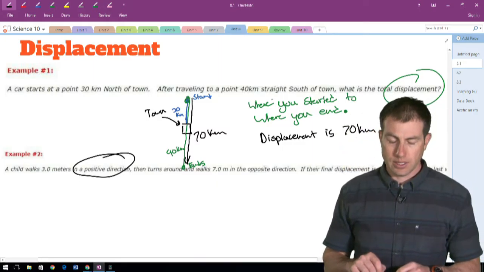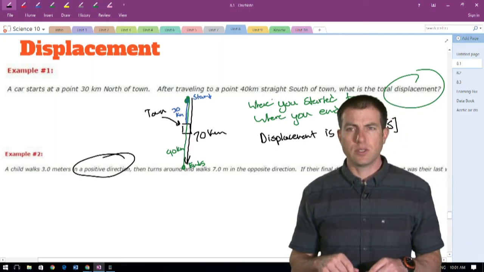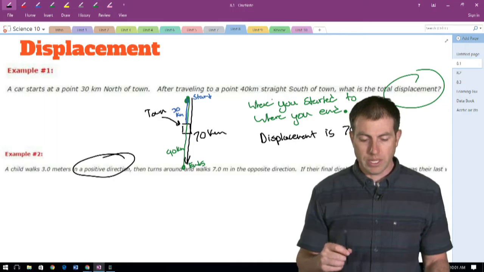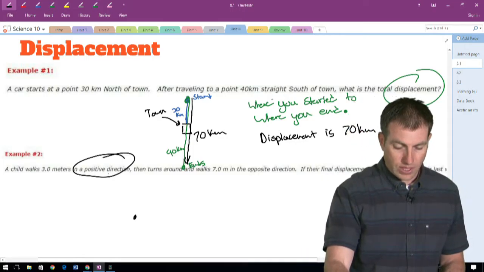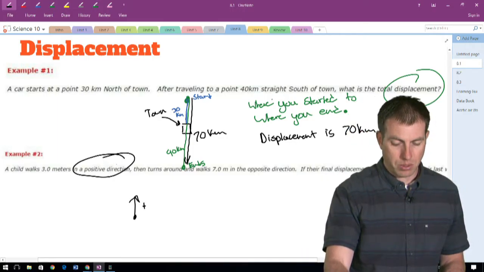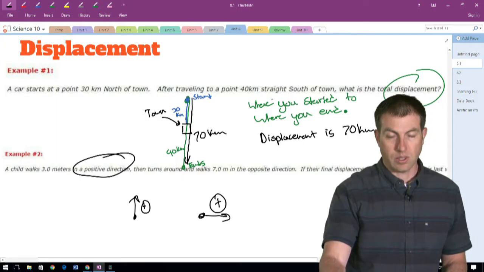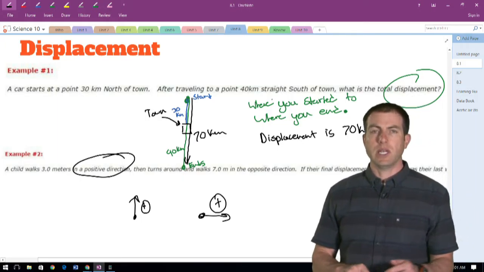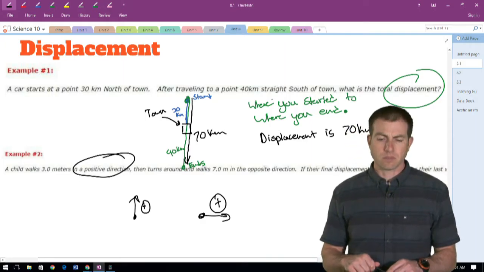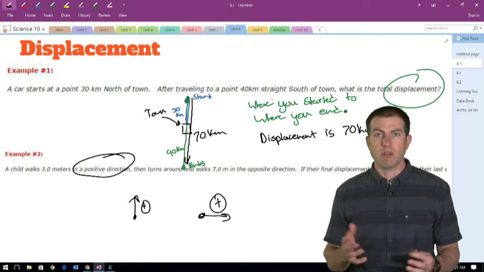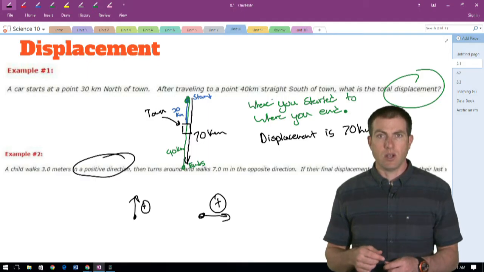Could we do this diagram so positive direction's up? Would it make a difference if we did a question where we said, okay, positive is up, or if I said positive is something to the right? Would the question be any different? Would our answer be different? No. So it doesn't matter. You can pick whatever direction you want being positive, as long as you're consistent.